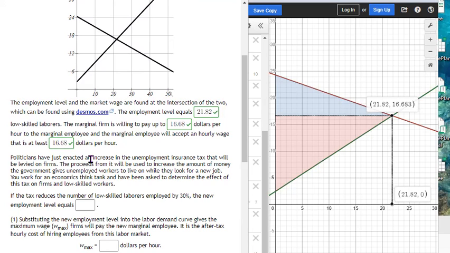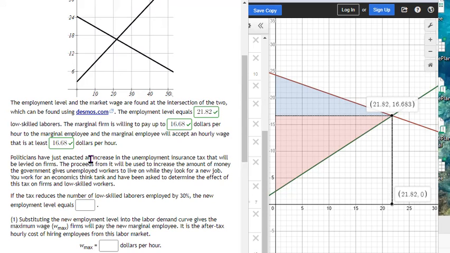Meanwhile, the marginal firm is indifferent about hiring this person because they're willing to pay at most $16.68 for this worker, which is the market wage. So the firm surplus for the marginal firm of that last employee hired is zero as well.